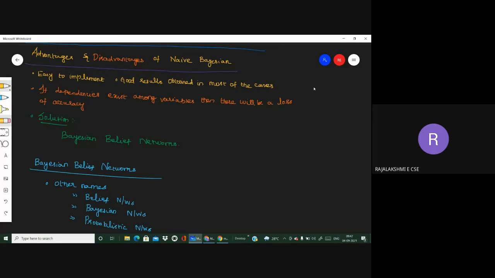If smoking is yes, then breathing problem will be yes. This is actually a class dependency, because of smoking only he is having this breathing problem. This is a dependency between these two classes. If these kinds of dependencies are available in the given data set, then this naive Bayesian classification will not give us accurate results. In those cases only, we are going for this Bayesian belief networks.